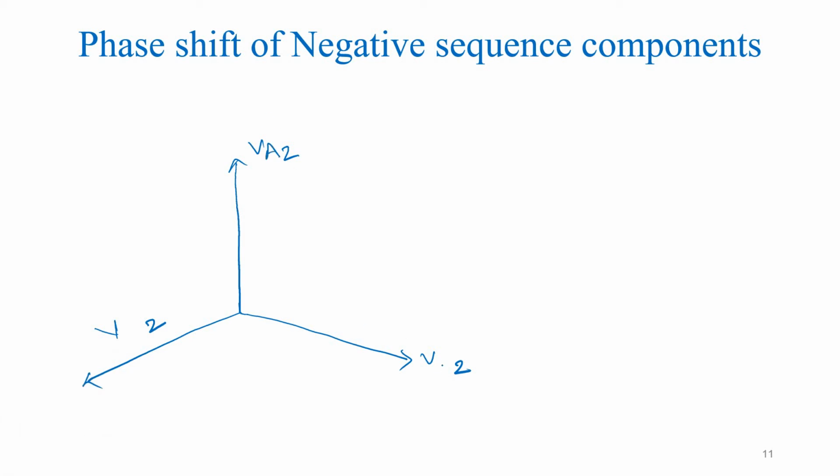So let us mark VA2, VC2 and the VB2 values. Now similarly, we will follow the same rule. So that is VA2 is parallel to VAB2 and VB2 is parallel to VBC2 and VC2 is parallel to VCA2.